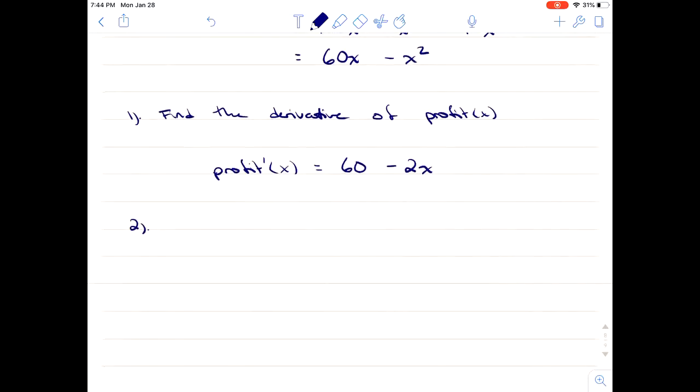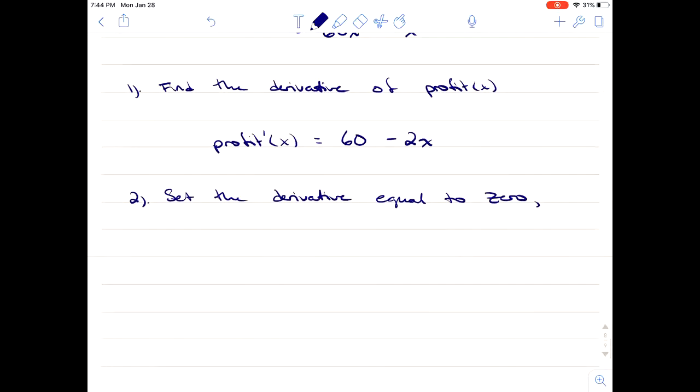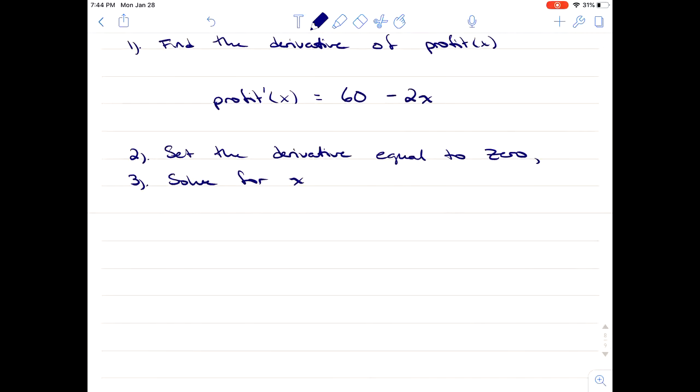Second step, set the derivative equal to 0. And then I'm also going to do the third step, solve for x. So I've got the profit prime of x.